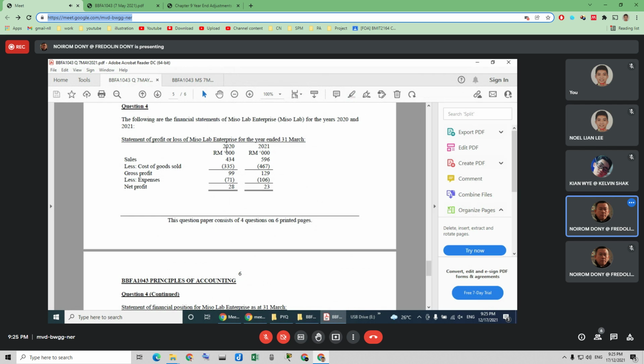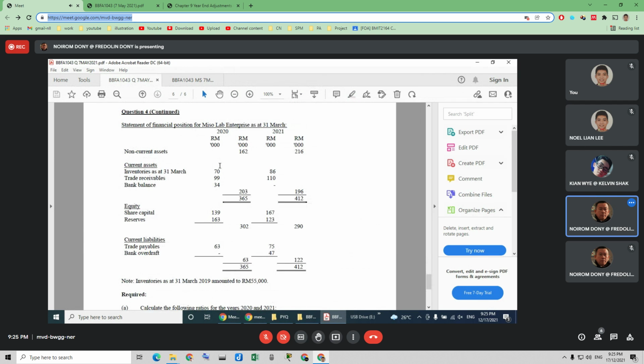Because the opening inventory for 2020 you cannot see, but the opening inventory for 2021 you can see, because this 70 becomes the opening inventory for 2021, isn't it? To be consistent, for the average inventory, if there's not that one given, we just take the closing inventory.